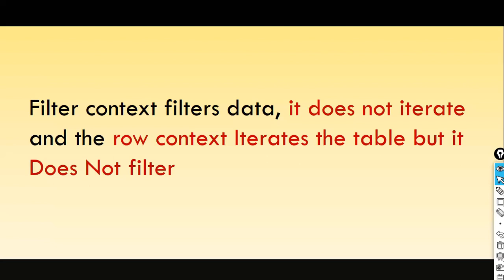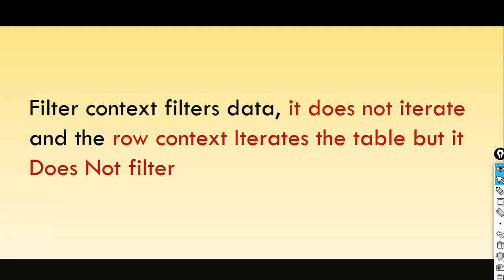You can iterate a table row by row. Okay, and also you can nest the row context in the case of the EARLIER function. There is something called the EARLIER function. The EARLIER DAX function is useful to get access to the previous row context. Okay, that we will see later.